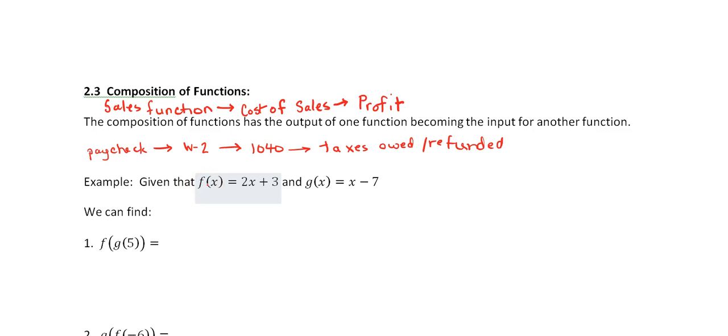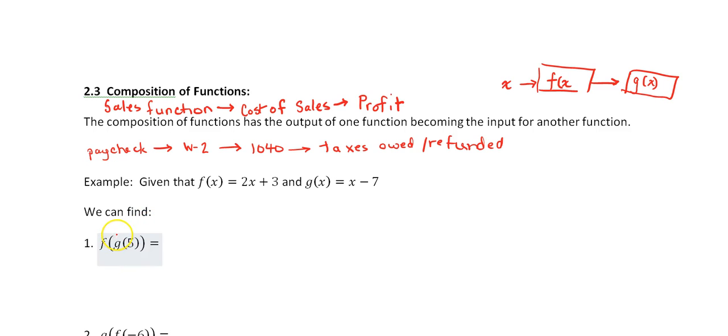So keep in mind that I'm going to put something, like an x, into the first function, which is going to give me the output that then becomes the input into the next function. And then you're going to have some other answer, and it can go on and on.